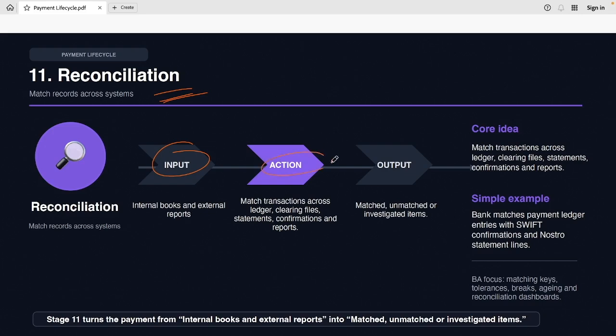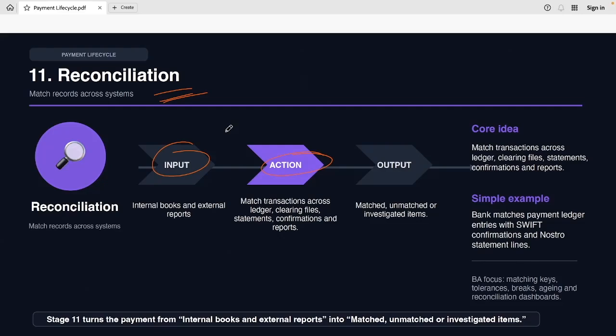And what actions are performed? Basically, the bank compares the records using matching information such as your payment reference, message ID, amount, currency, value date, account, end-to-end reference, etc. Let me give you a simple example. Suppose the bank's payment ledger shows that 10,000 rupees was sent. The bank then checks the relevant external confirmation or statement line to verify that the same 10,000 rupees transaction was processed and settled.